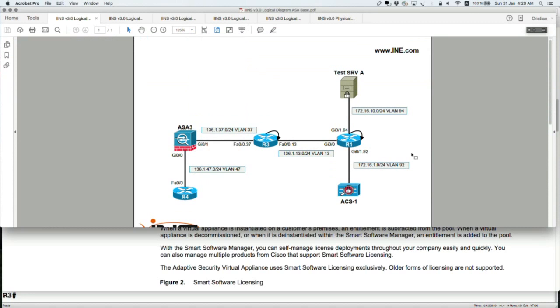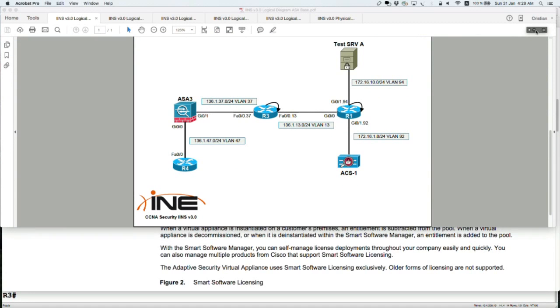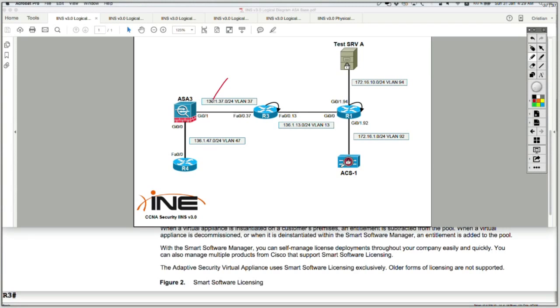So in my case, I'm going to have the ASA3, which is going to have those two physical interfaces, Gig 0/0 and Gig 0/1. I'm going to have IP addresses configured. I'm going to have a .16 address on both physical interfaces, but in different subnets.